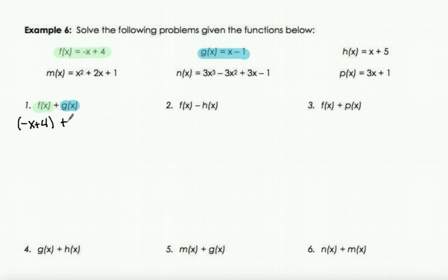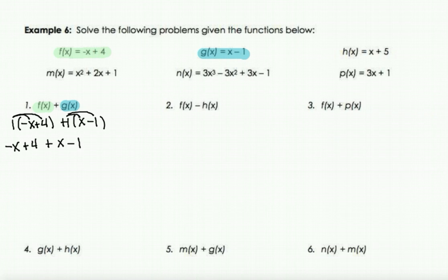And I'm going to replace g of x with what g of x is equal to, which is x minus 1. So in order to combine those together, I would need to get rid of those parentheses by putting my ones out front and distributing, just like you would have done back in Math 1. So you'll get negative x plus 4 plus x minus 1.